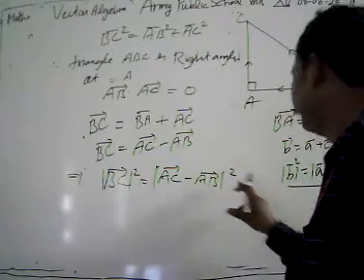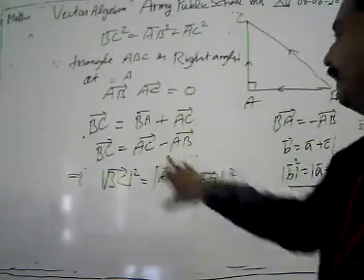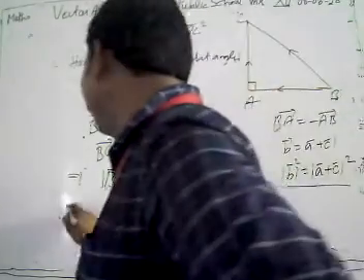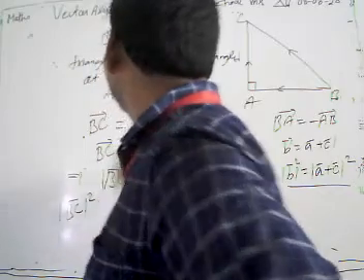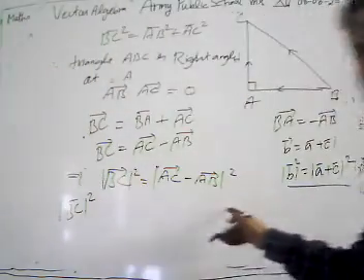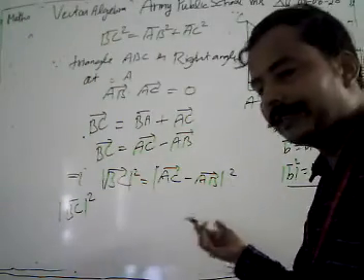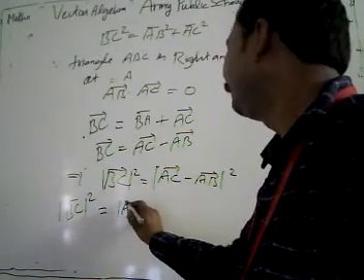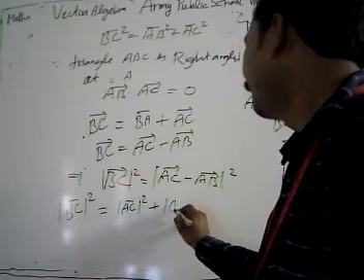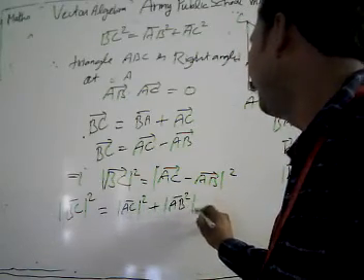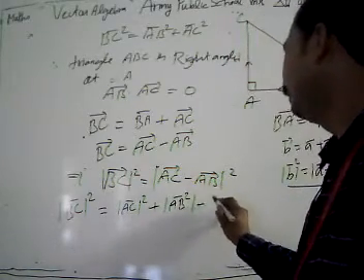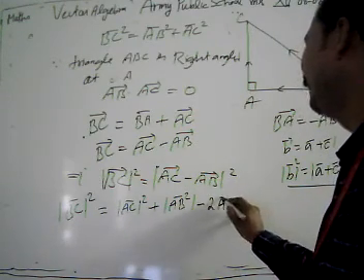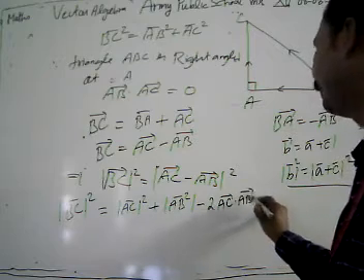We have changed BA to AB. Right now BC stays as it is, because we need BC square in the proof. We expand this: the magnitude of AC minus AB whole square is mod of AC square plus magnitude of AB square minus 2 AC dot AB.